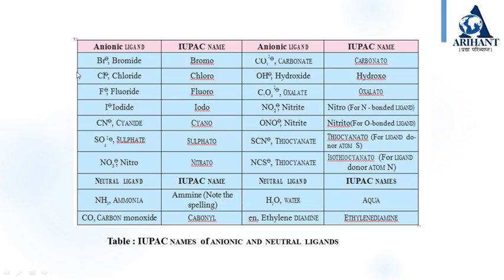So if it is having last ending IDE, we will convert it to O, or ATE is converted to ATO. Sulfate to sulfato, nitrate to nitrato. Ammonia, it is named as ammine, AMMINE. Water, aqua.